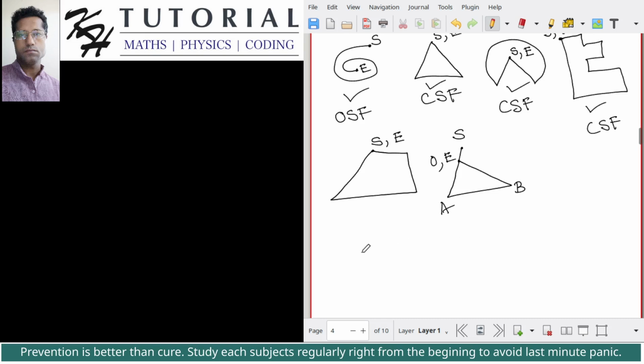For example, let us say I am drawing a figure like this. This will be my starting point and I am drawing the figure like this.